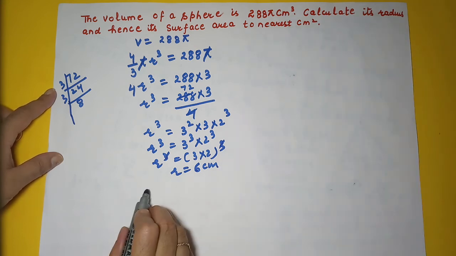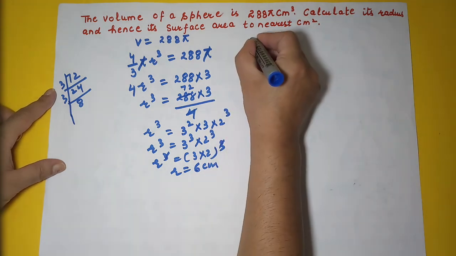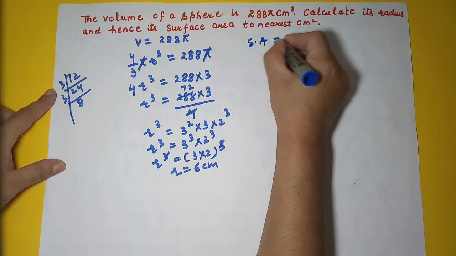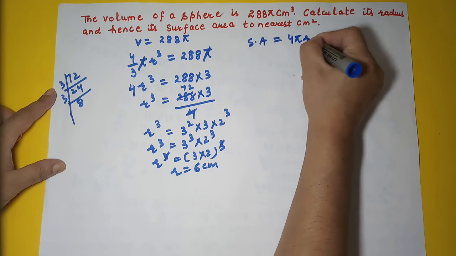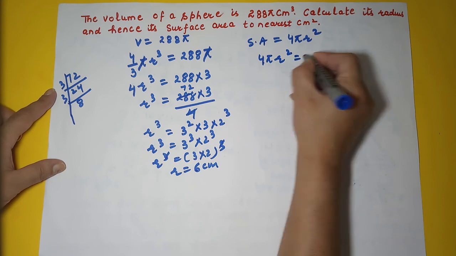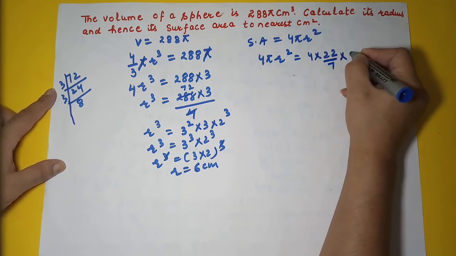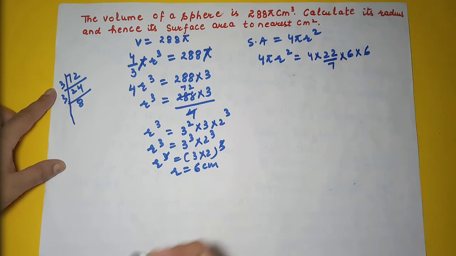After that, he wants you to calculate the surface area to the nearest centimeter square. Now we know that the formula for surface area is 4 pi r square. So 4 pi r square is equal to 4 into 22 by 7 into r, which is 6 into 6.